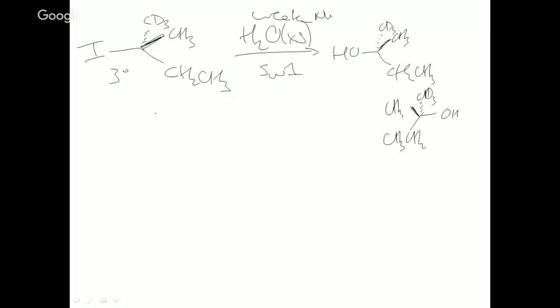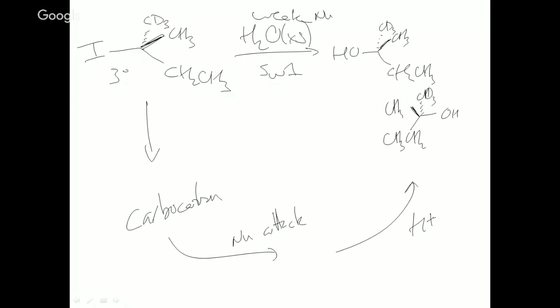We're going to go over this in class. I want you to work on this mechanism. The first thing that happens is you get the carbocation, then you get nucleophilic attack, and then you get proton transfer. This is one I want to go over in person. Very important, but you get retention and inversion.